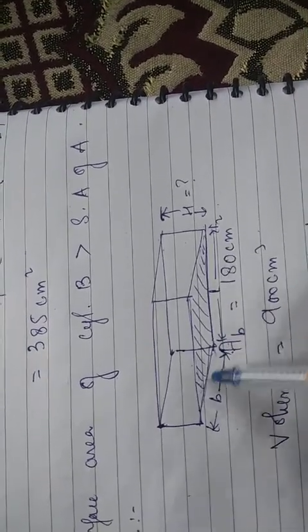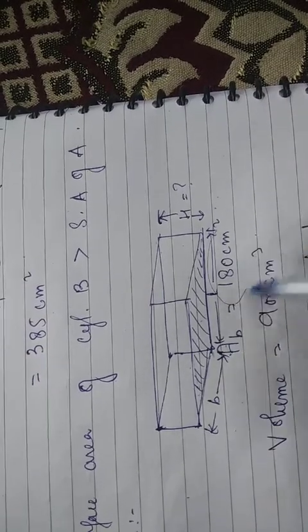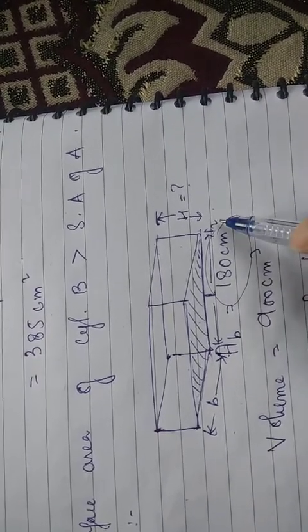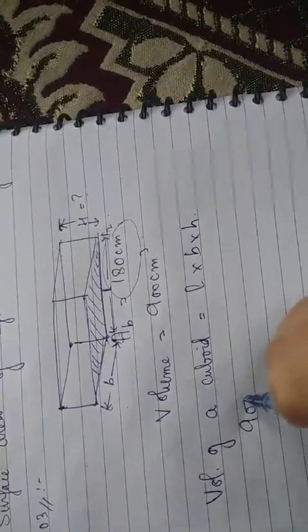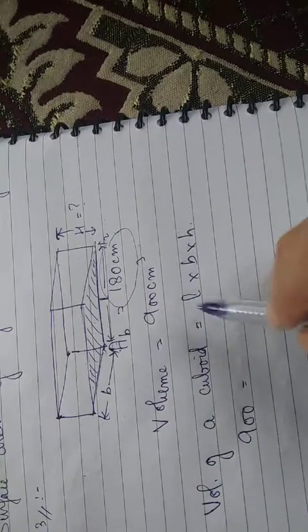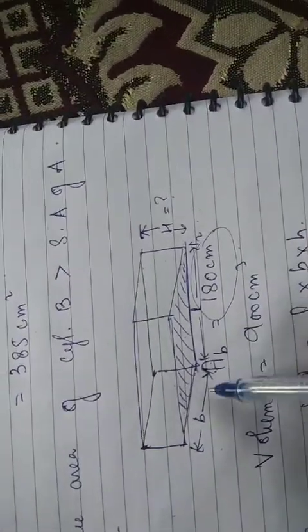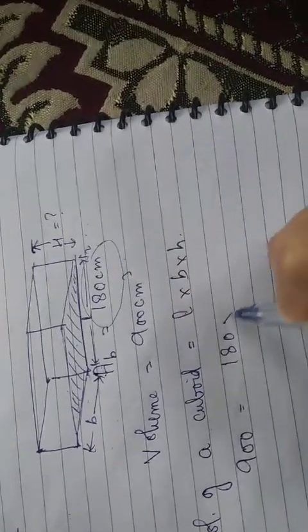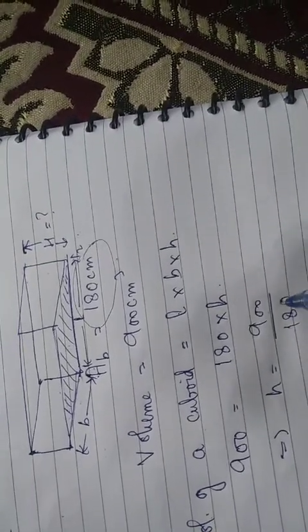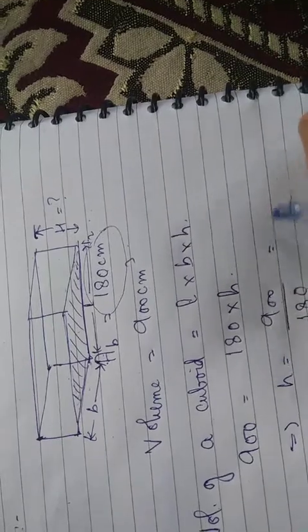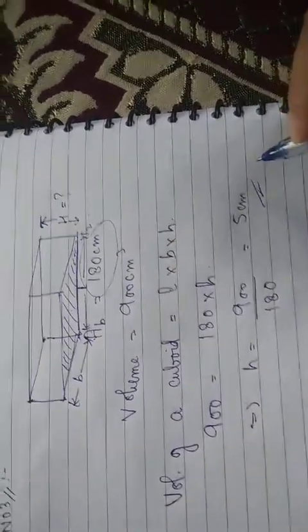So length into breadth is given as 180 centimeter square. Volume of a cuboid is given as 900, so we will write 900 is equal to length into breadth into height. Instead of length into breadth, we will write 180, so 180 into height, which implies that height is equal to 900 divided by 180, that is equal to 5 centimeter. This is the required answer.